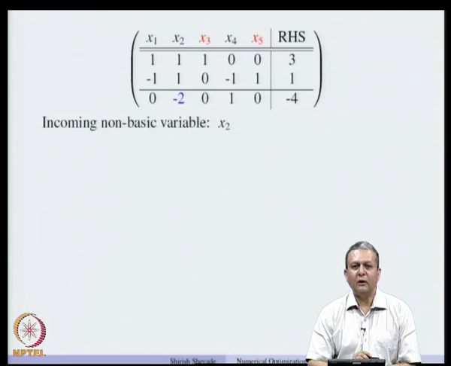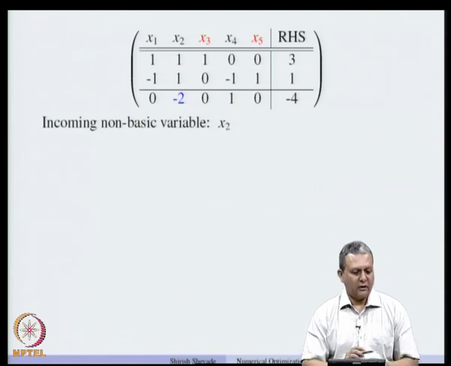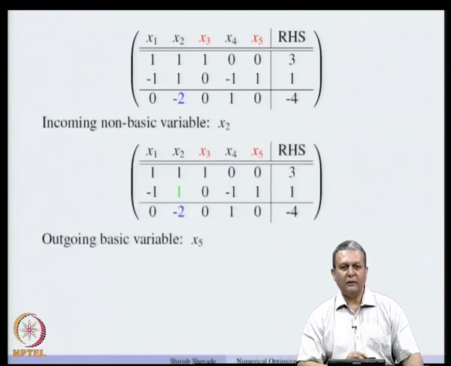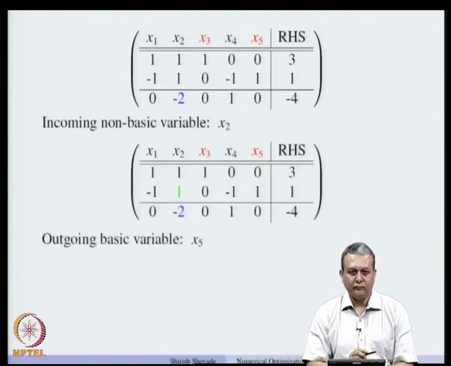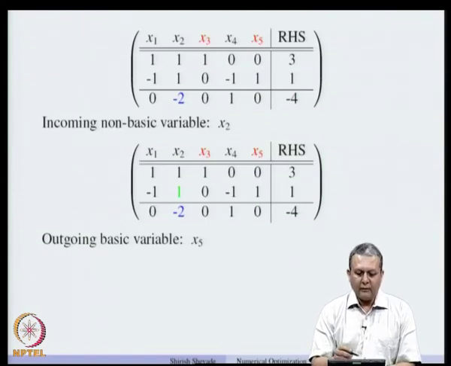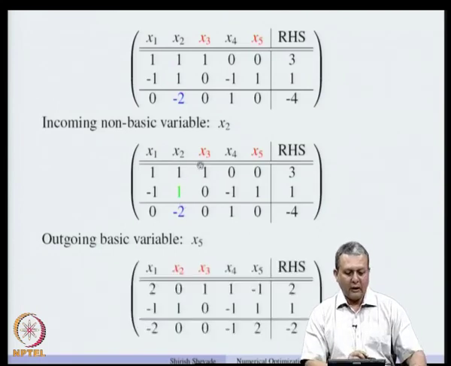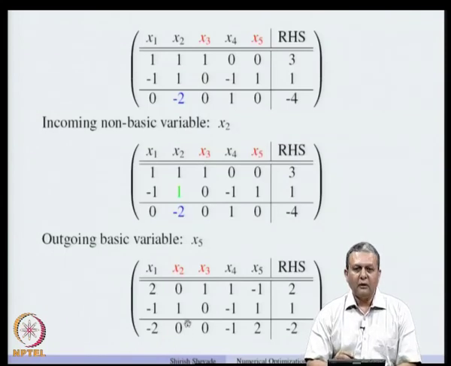So, x5, which is an existing basic variable, will become non-basic in the next iteration, and the remaining step is to make all the other entries in this column 0, so that x2 can become a basic variable along with x3, and this is shown here.